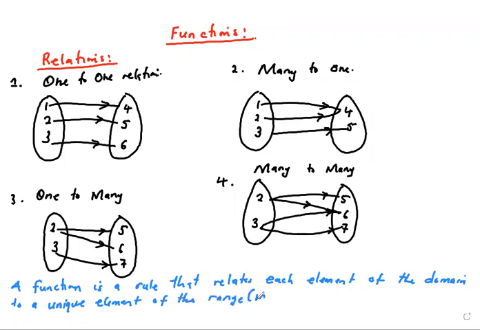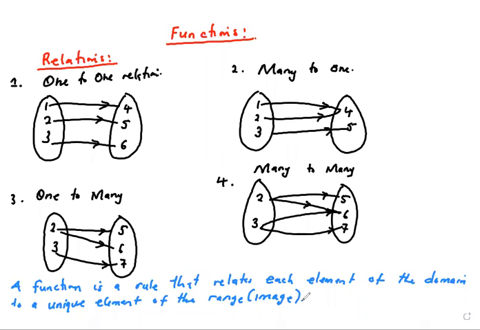Where I say range, I can say image. Let's look at this now. A function is a rule that relates each element of the domain to a unique element of the range or the image. Let's go back to 1.